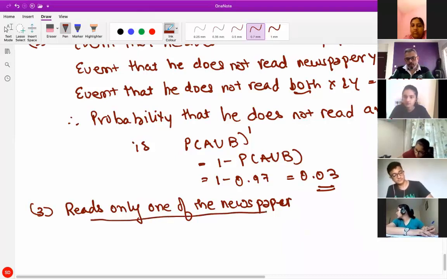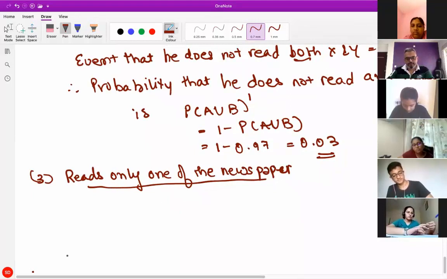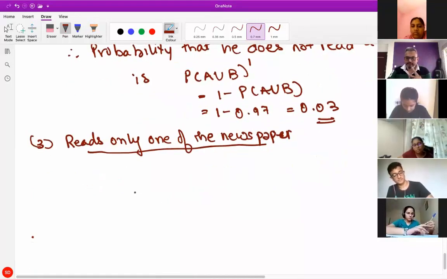It means if he reads X, he does not read Y. If he reads Y, he does not read X. Understood this? So here, reads only one of the newspaper.